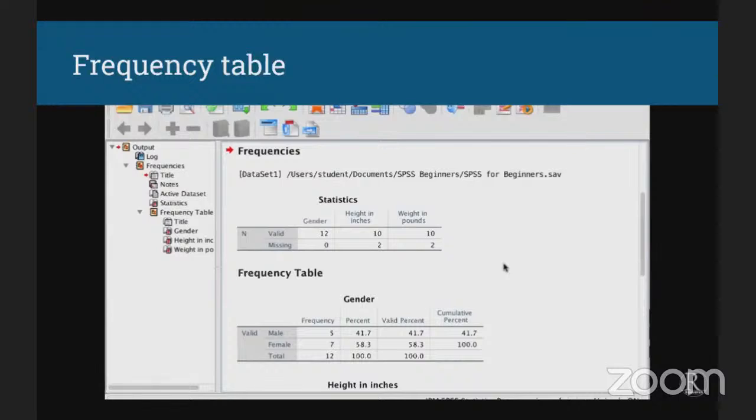So in gender, we have values for 12 people. But in height, of these 12 data we only have 10. So we have some missing. You will see this in the next screen.